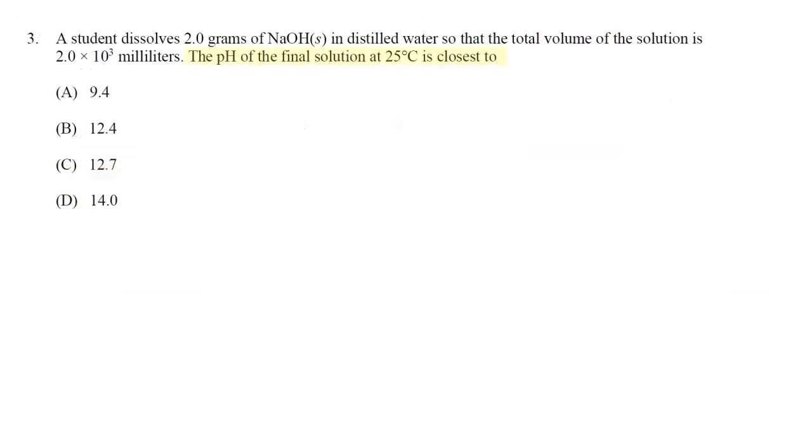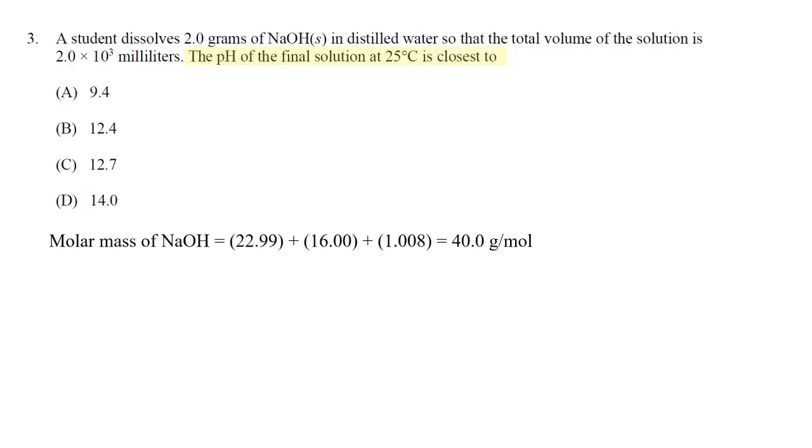So let's start by converting the grams of sodium hydroxide into moles. On the periodic table, we can find the atomic masses of sodium, oxygen, and hydrogen, and we can use those values to determine that the molar mass of sodium hydroxide is equal to 40 grams per mole. Now, we have 2 grams of sodium hydroxide, so let's convert from grams into moles.